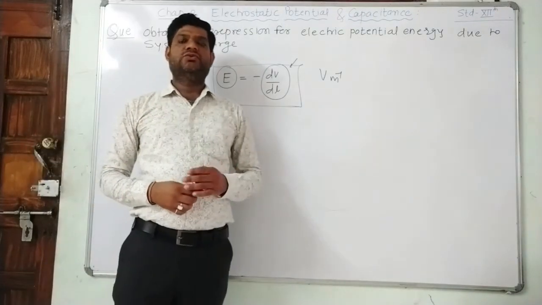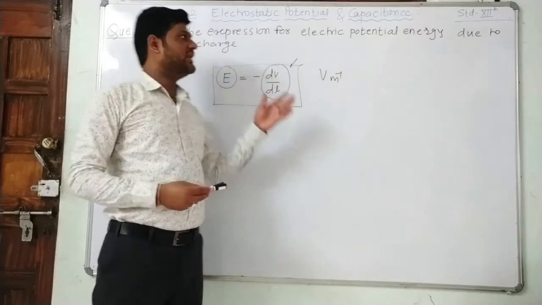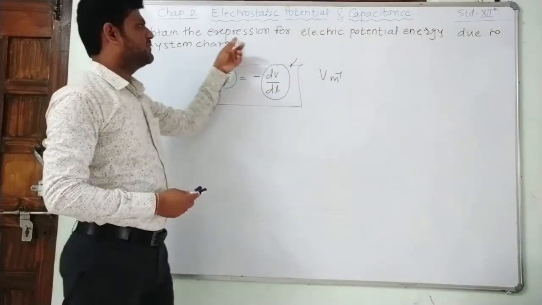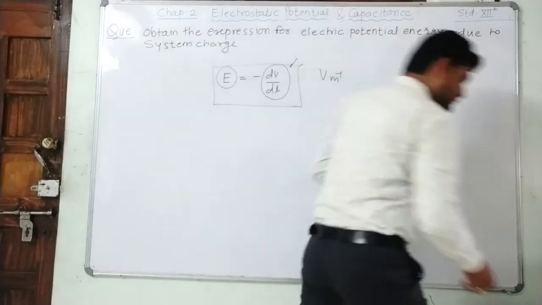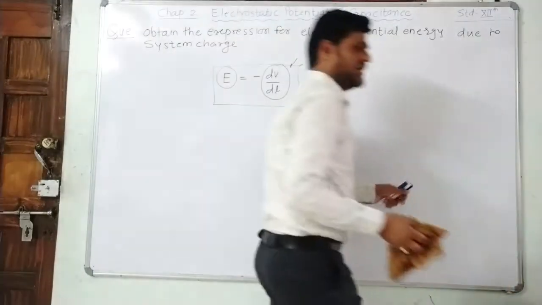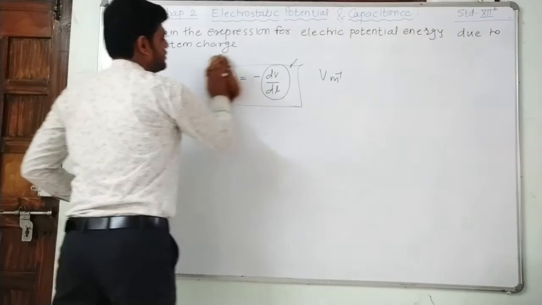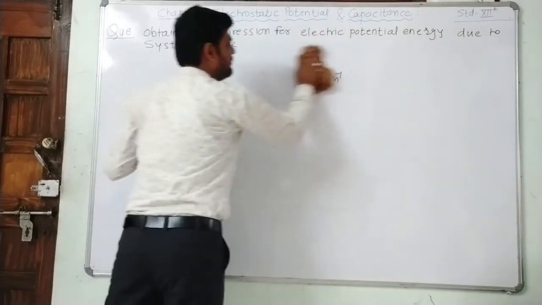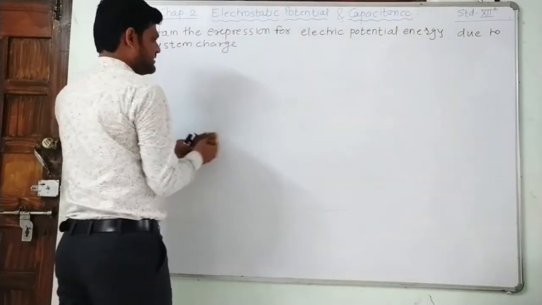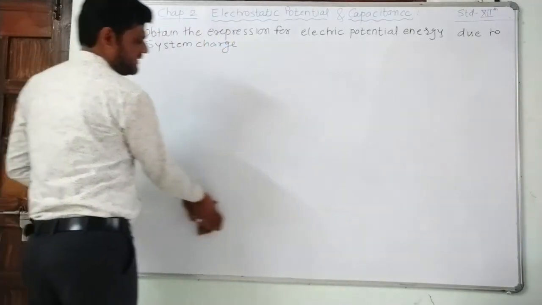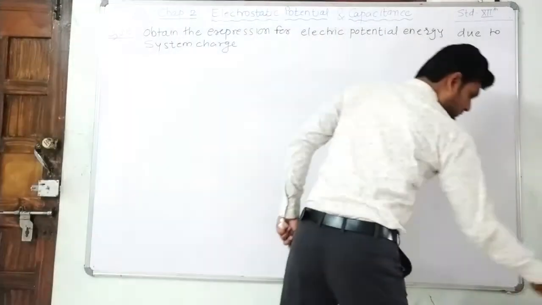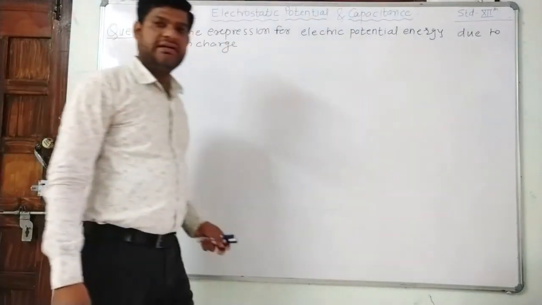Okay. So today's question, that is obtain the expression for electric potential energy due to the system of charge. Here in the system of charge you can take number of charge particles, 2 charge particles, 3 charge particles. We are considering 3 charge particles.